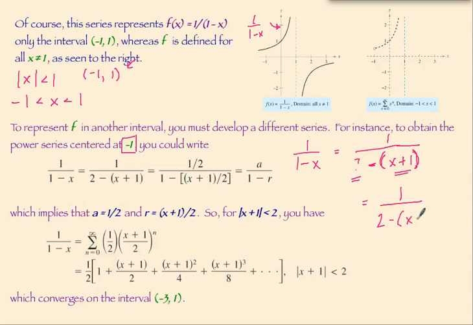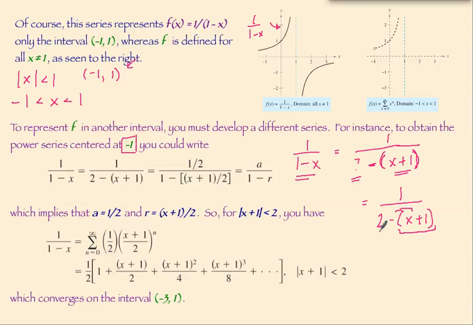Because think about it, when you test this out, distributing the negative gives you minus x minus 1, and of course 2 minus x minus 1 is 1 minus x. You've got to configure it so that it's equal to 1 minus x. So you're making modifications to make this work. Now the next thing you have to do is, you can't have 2 minus your ratio quantity. It has to be 1 minus your ratio quantity.